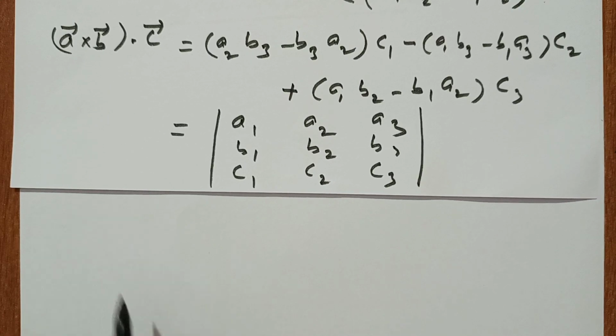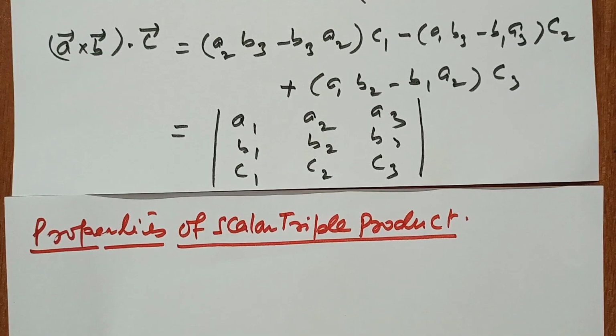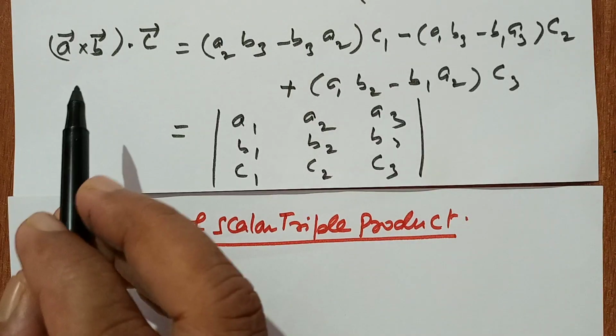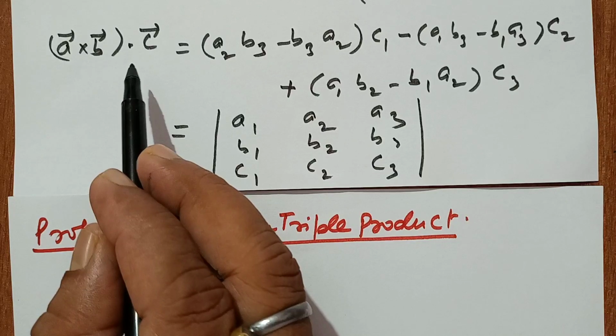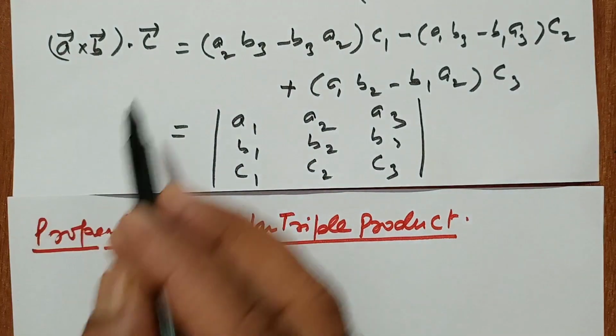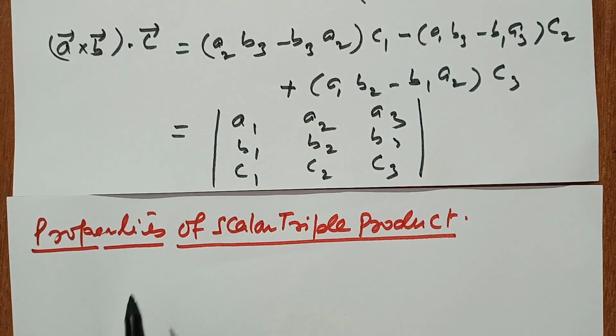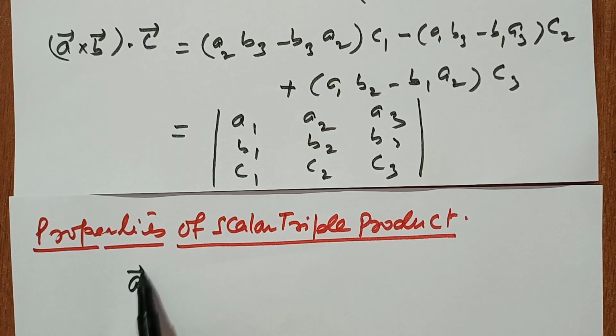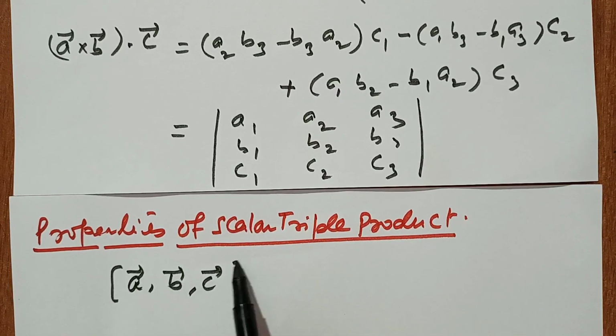Now, some important properties of the scalar triple product. As we know, the definition of A cross B dot C is the scalar triple product.